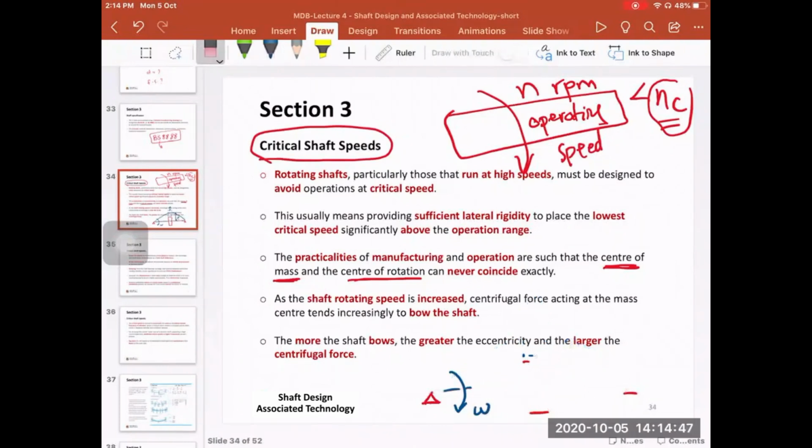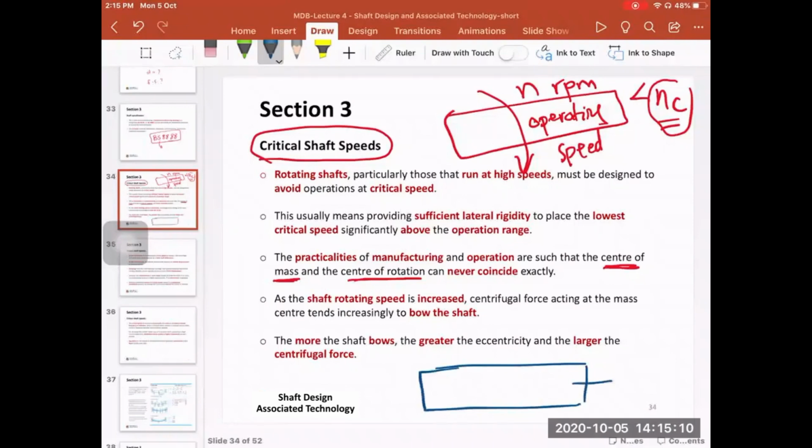So let me just clear this first, and then let's go through this. In fact, due to the practicalities of manufacturing and operation, the center of mass of this disc, or of the shaft, if we consider that it has a circular cross-section, has a specific center.